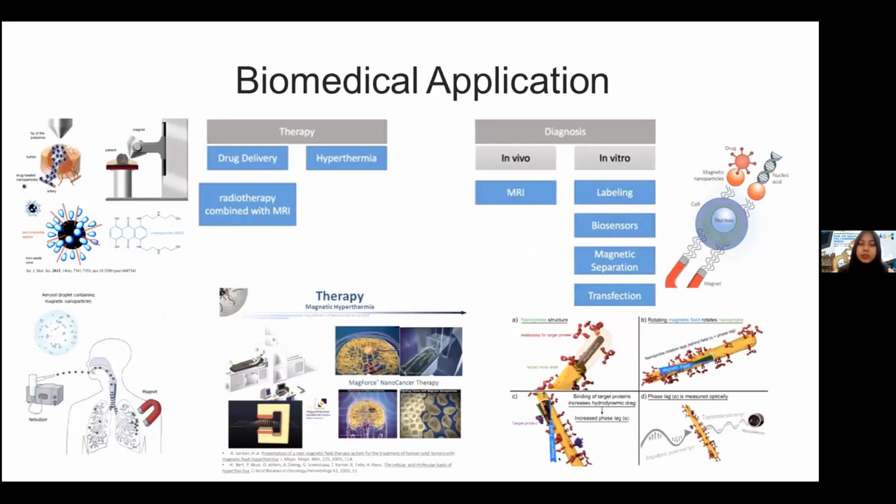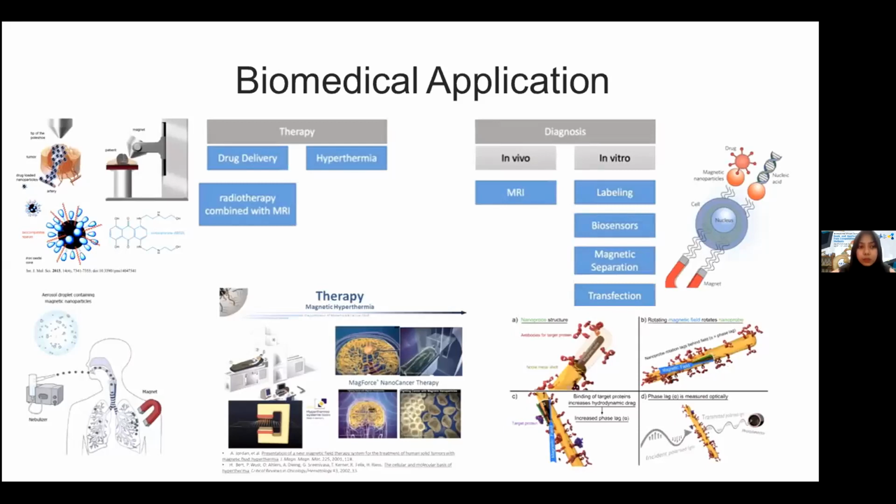In therapy, the first example is drug delivery. We can inject the magnetic nanoparticles that contain drug into our body, and direct the material with an external magnetic field, usually combined with MRI, to a specific part of our body or specific organ.